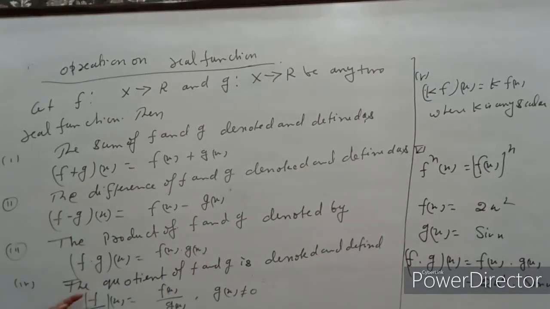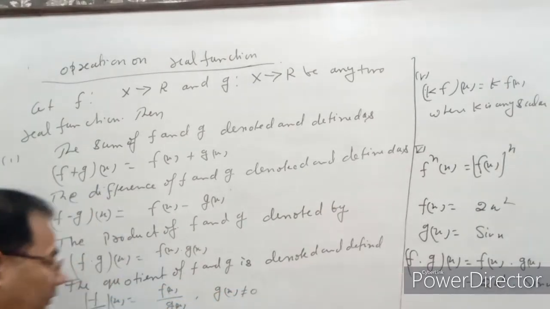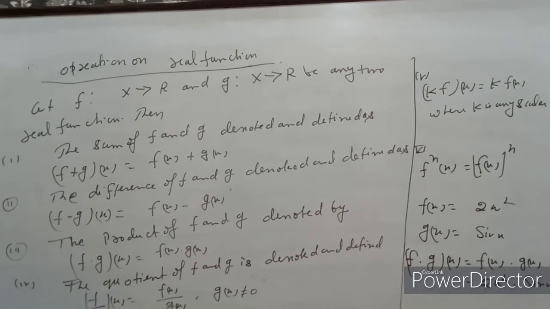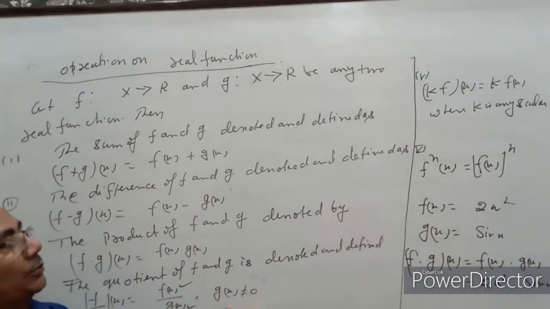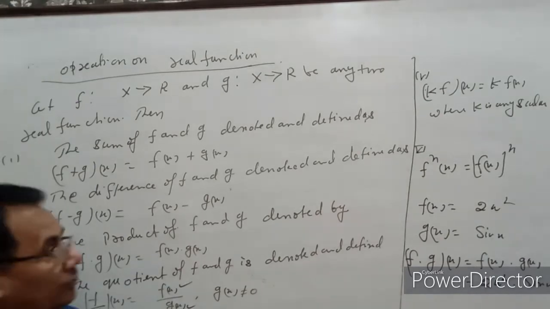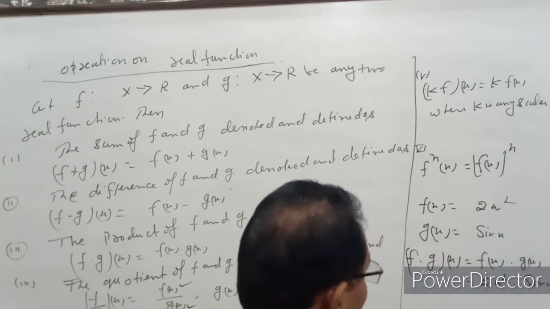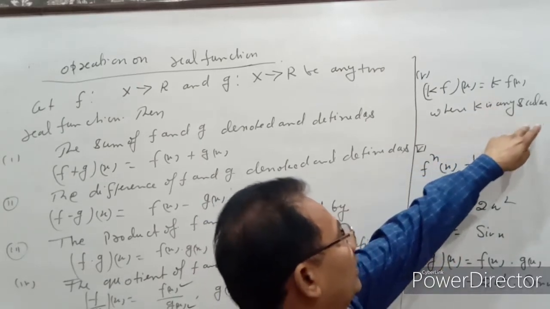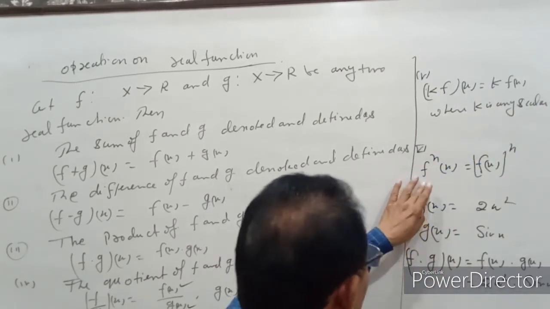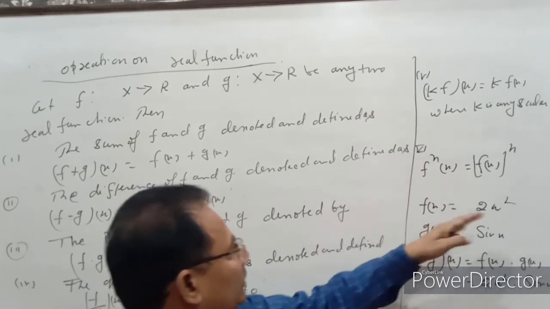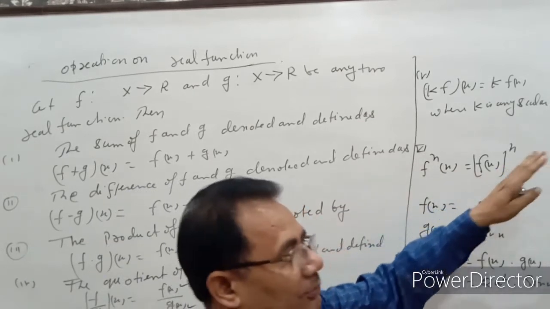Similarly, if we want to find the quotient of the functions f and g, it is denoted and defined as (f upon g)(x) is equal to f(x) upon g(x), provided g(x) is not equal to 0. Similarly, we also define (kf)(x) is equal to this, where k is any scalar, and f raised to the power n is equal to f(x) raised to the power n.